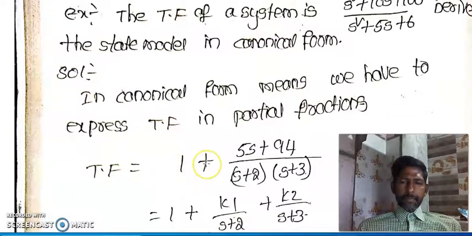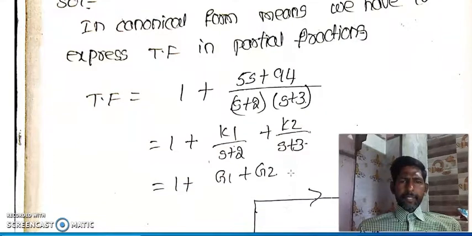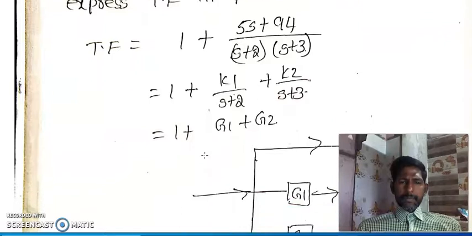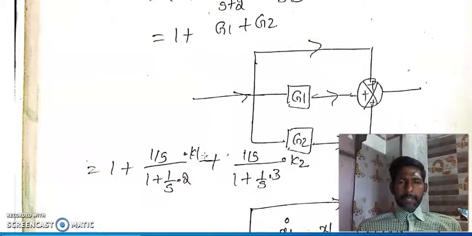So, if you represent that, 1 plus 5s plus 94 divided by s plus 2 into s plus 3. By using partial fractions, we can represent it as 1 plus k1 divided by s plus 2 plus k2 divided by s plus 3. Assume that this is in the form of 1 plus g1 plus g2. So, we can represent the block diagram as like this.